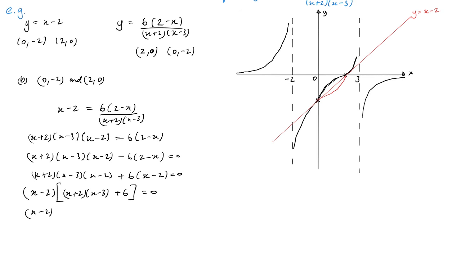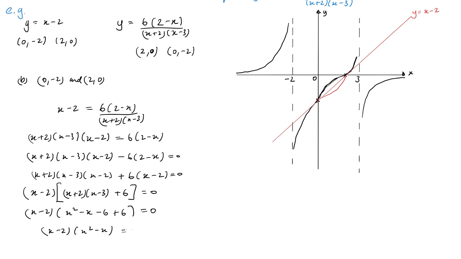So x minus 2, and then I've got x squared, minus 3x plus 2x is minus x, minus 6 plus 6. So I've got x minus 2, and then I've got x squared minus x.